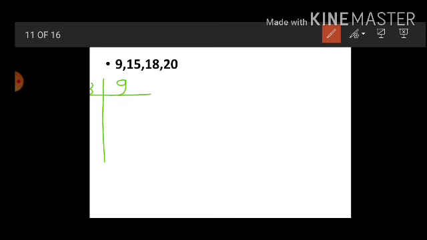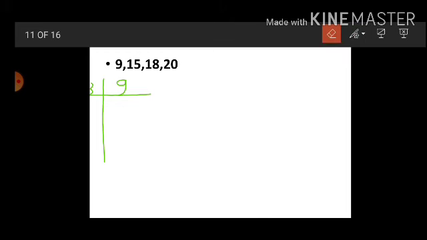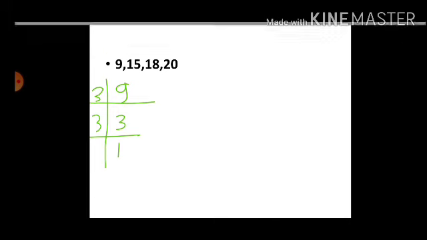The next prime number is 3. 3 3s are 9. 3 1s are 3. What are the prime factors of 9? 3 into 3. So we write first the prime factors of 9: 3 into 3.